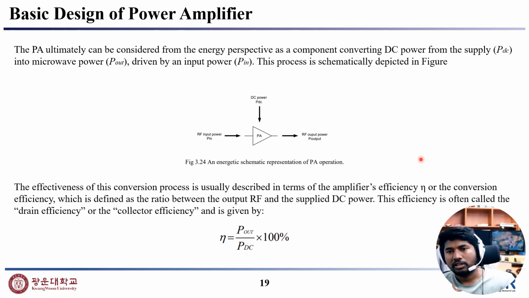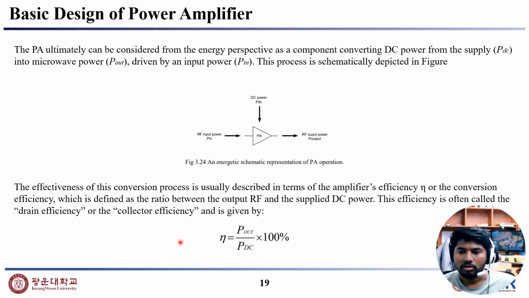And basic design of power amplifier. Ultimately the power amplifier can be considered from the energy perspective as a component converting DC power from the power supply into microwave power driven by an input power. This process is depicted in this figure, where RF input power is here, and here DC power P_DC, and the output RF power P_out.